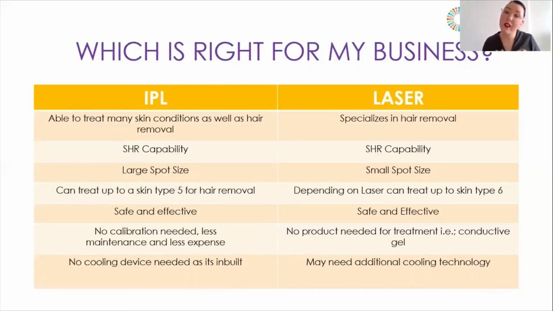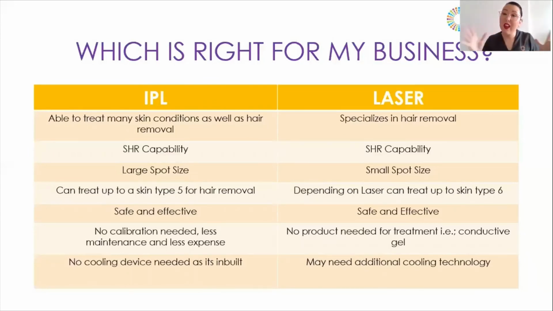So if we are a clinic that is dedicated to hair removal, something like the hair laser is going to be fantastic. Now, both of our devices have SHR capability. They're able to do that sweeping and it's able to treat very large areas over a very short space of time. It makes it more comfortable for the client and it does make it easier to treat darker skin types.